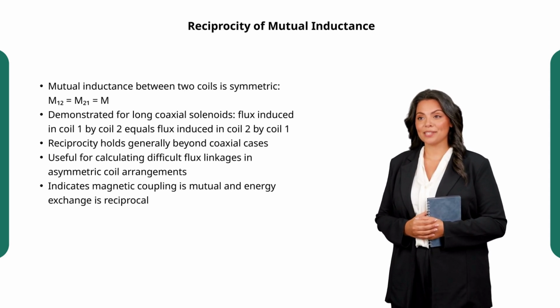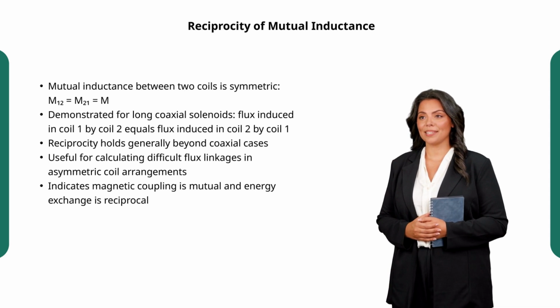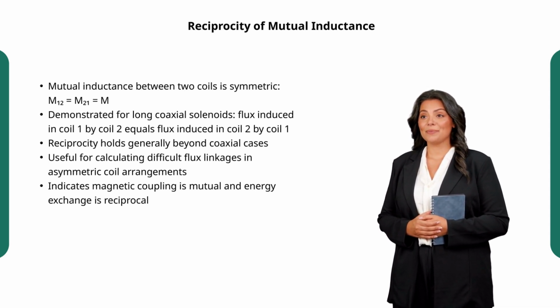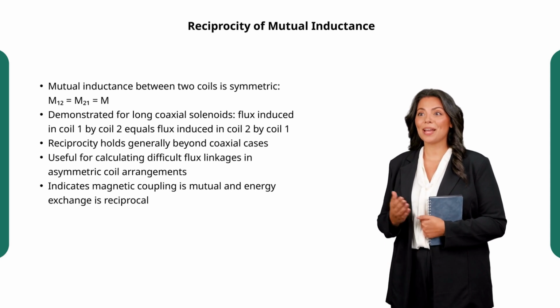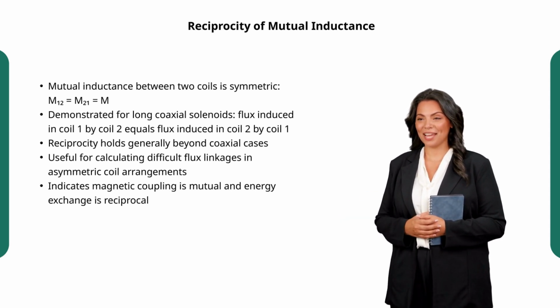When current flows in the outer solenoid, it creates magnetic flux through the inner solenoid. Conversely, a current in the inner coil also produces magnetic flux threading the outer coil. Despite different coil sizes and arrangements, the mutual inductance remains the same from either side.